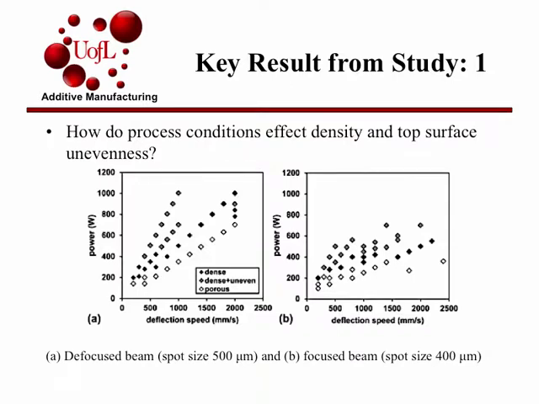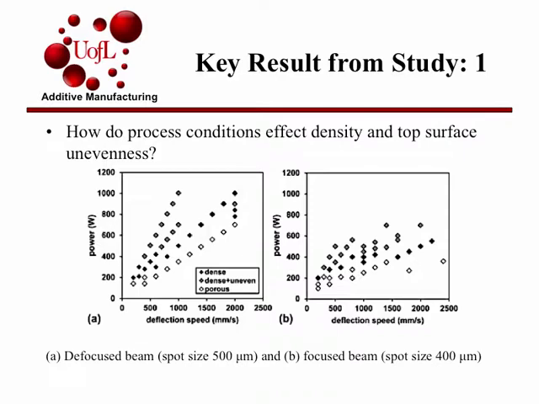So the key results from the first study: how do the process conditions affect density and top surface unevenness? The left graph is for the larger spot size, I think 500 micrometers, so the defocused beam, and the right graph is the focused beam.